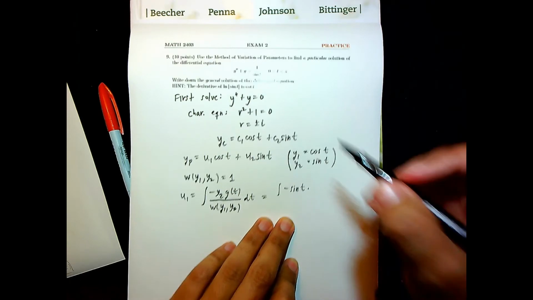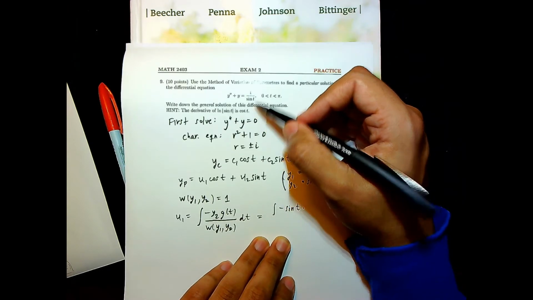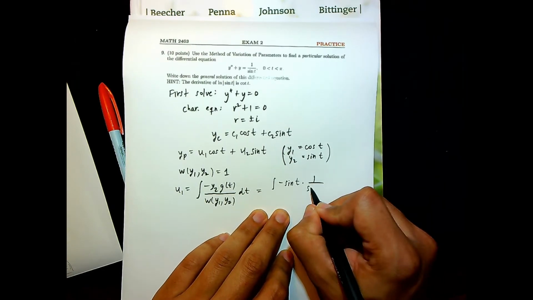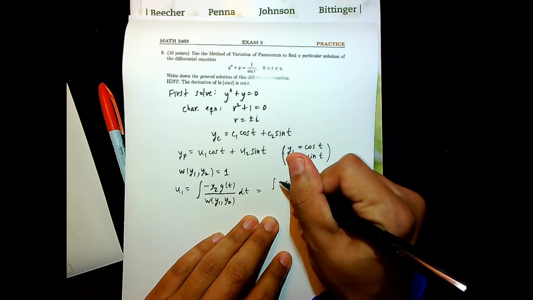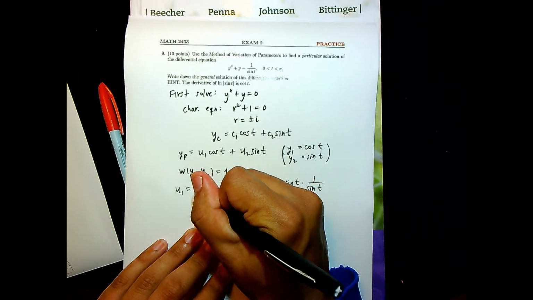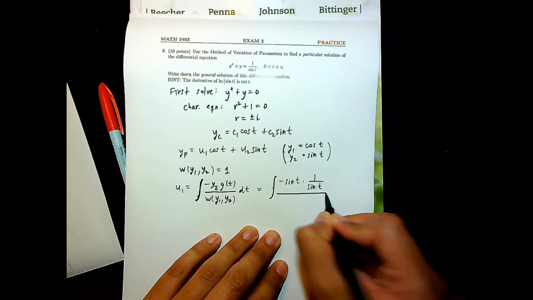G of t is this right here. It is 1 over sine of t. So 1 over sine of t, and all that over 1.